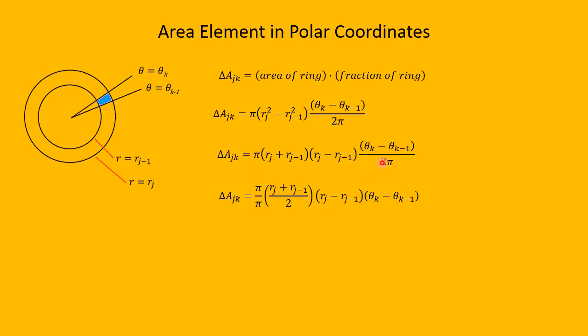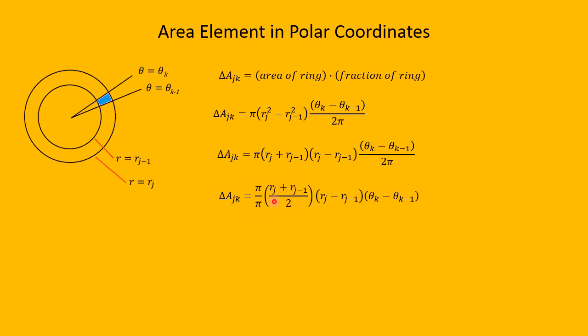This 2 in the denominator we will put in the denominator of a fraction having this as the numerator. And so the area of this small sub-region is pi over pi times this factor times this factor times this factor. Now, first, pi over pi is 1.